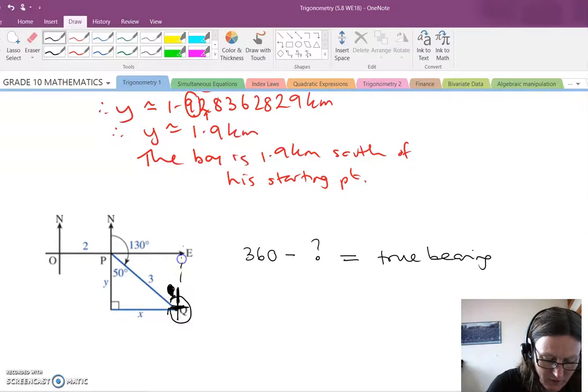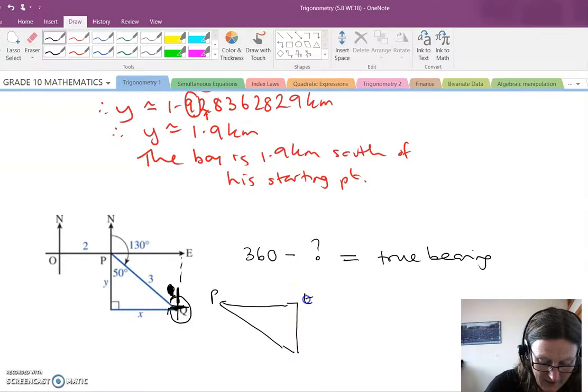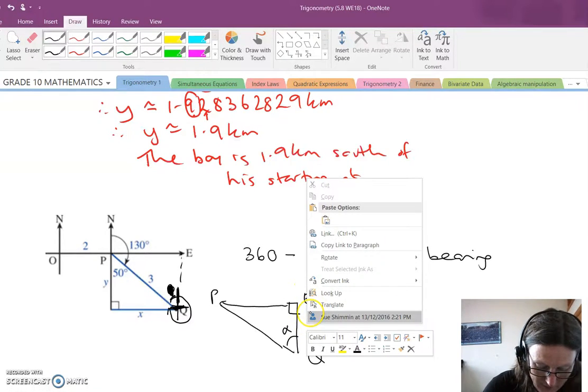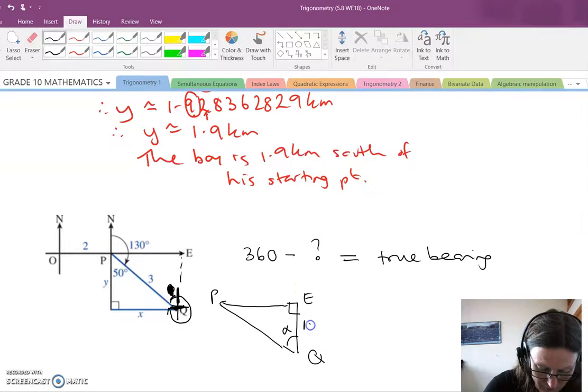I'm going to construct a right angle triangle. Okay, so that's P, that's E, that's Q, and I want to know this angle here. Let's call it alpha. What do I know? Well, I found y. Over in the question above, I found y, which was this distance here, and I found that that was 1.9.